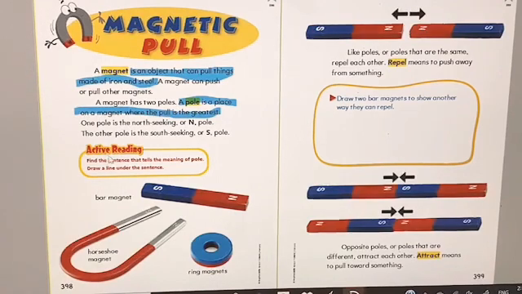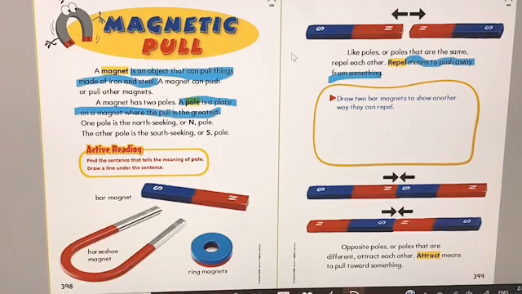And we know that there is a North Pole and a South Pole. Now look at the second page. Over here, these bars are facing the North Poles in front of each other. So if you are facing similar poles, what will happen? Excellent, repel. And by repel, I mean to push away from something.